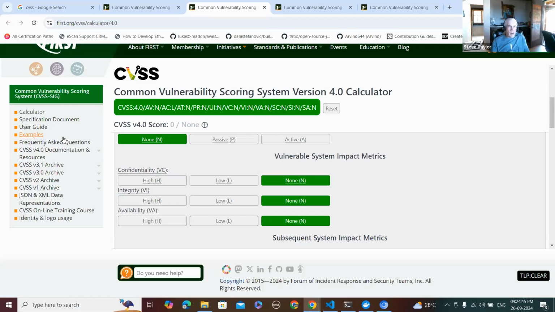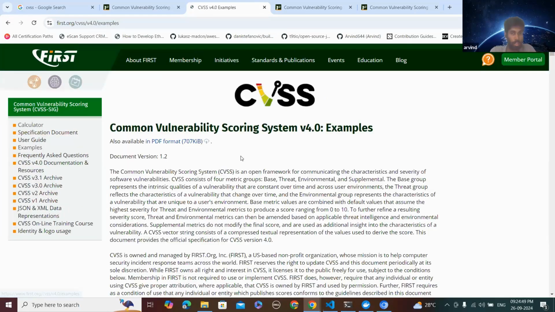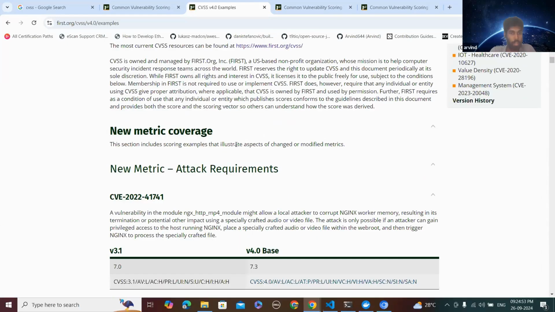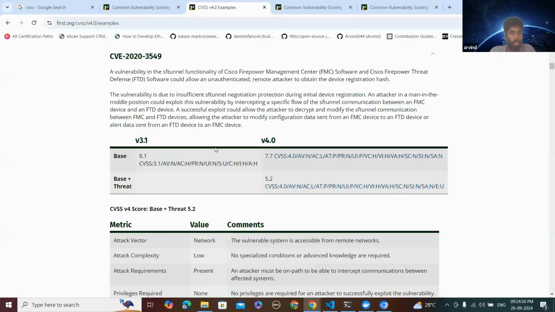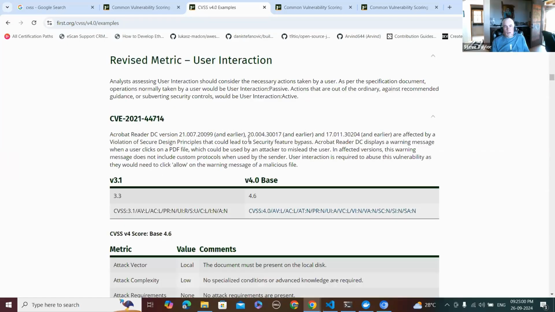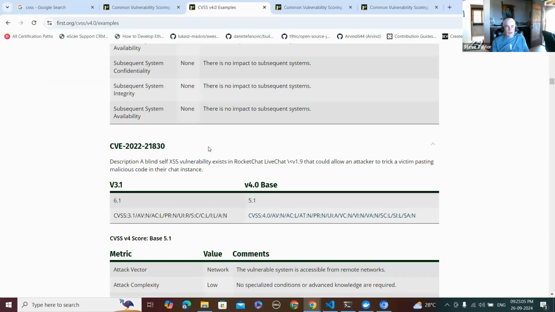Go to examples. See what's in the example. Keep going down. Yeah, so those are some of the example strings and how they break out.